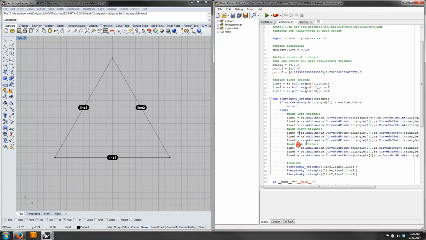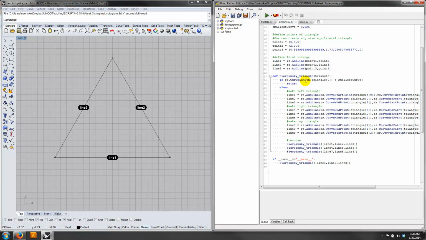Okay. Then we have the function Sierpinski Triangle, and Sierpinski Triangle, again, is recursive. It's going to call itself here, but this is much simpler. All this one is going to do is say if the curve length of one of the segments on the triangle is smaller, stop the loop. So once again, we have our termination clause.